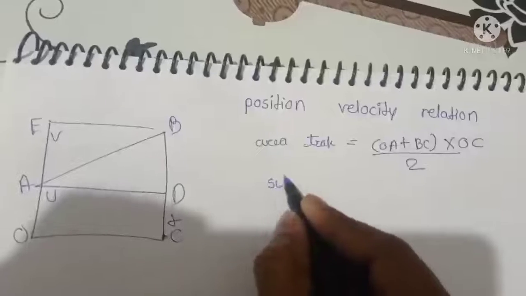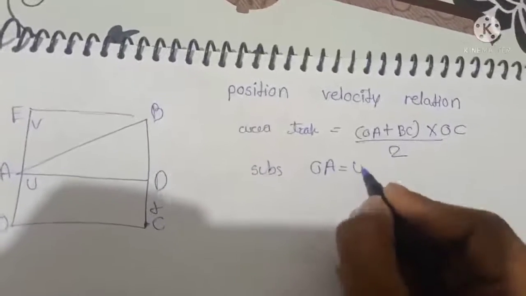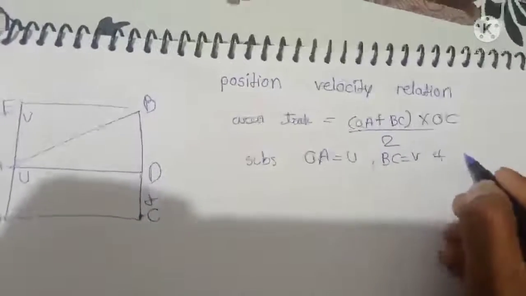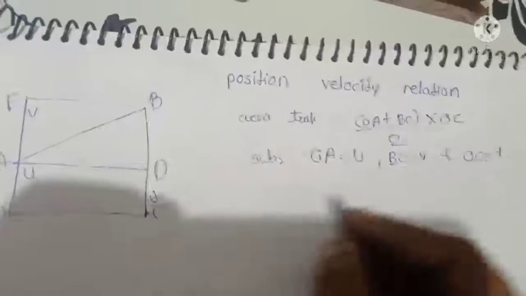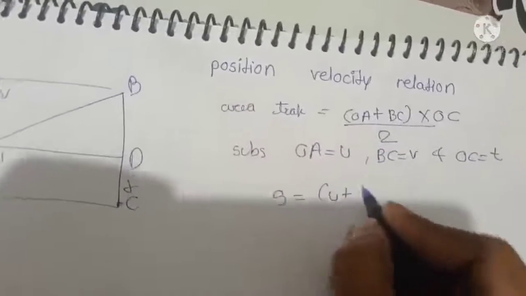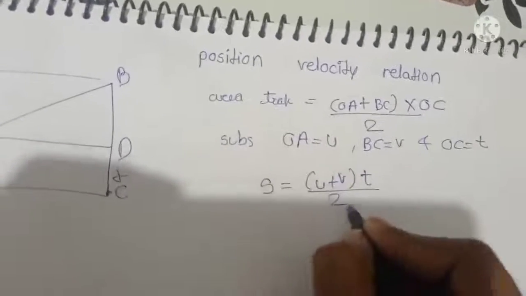On substituting OA equals initial velocity, BC equals final velocity, and OC equals time t, we get S equals U plus V into T upon 2.